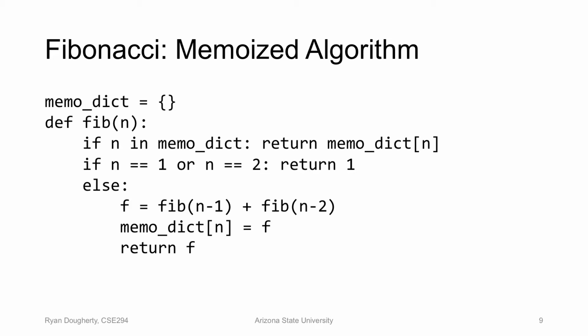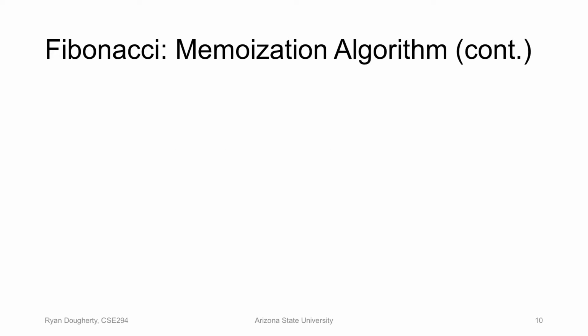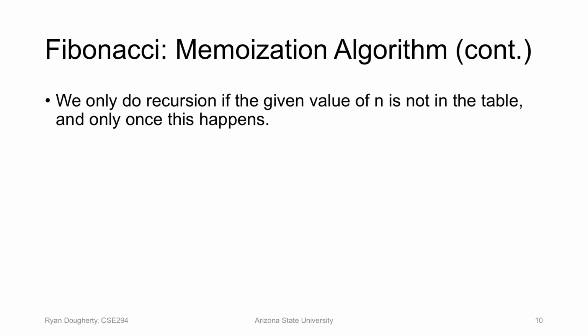But any questions on why this works? The idea is to capture the value of recursive calls, store it, then return it. So we only do recursion if n is not in the table, and only once, because if we're at some other point and we want to do recursion on n, I check if it's in the table first.